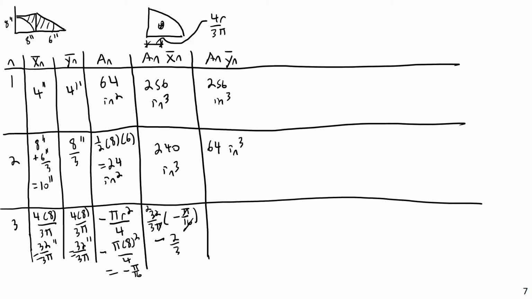Does that make sense? Let me double check that. Oh, not at all. Oh boy. Making all sorts of math errors tonight. This is probably why I shouldn't record lectures at 1 in the morning, but that's another thing entirely.